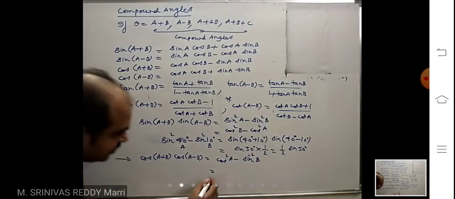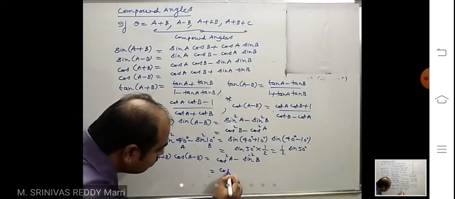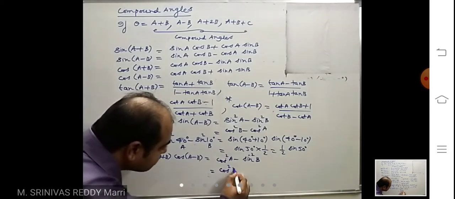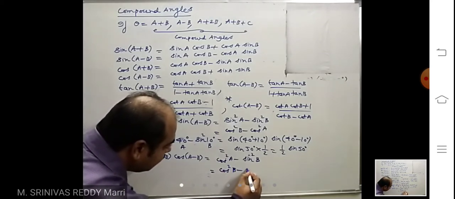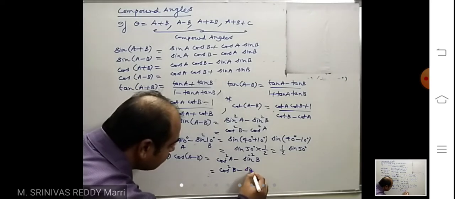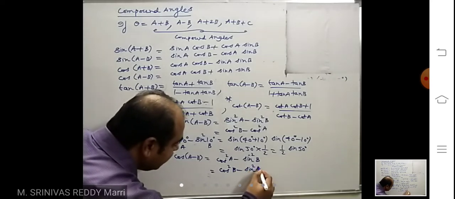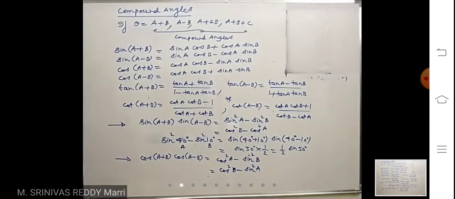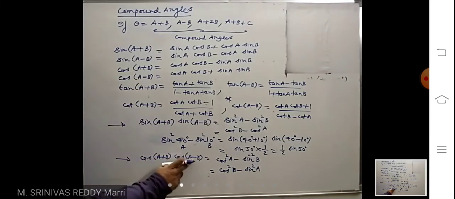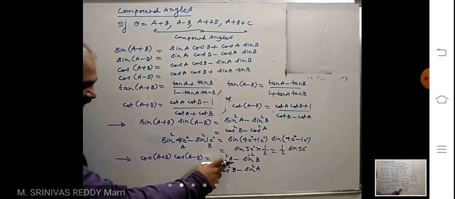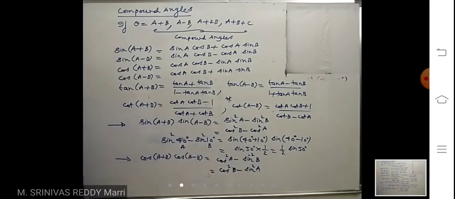And this is also equal to cos square second angle minus sine square first angle. So cos of A plus B into cos of A minus B is nothing but cos square A minus sine square B or cos square B minus sine square A.